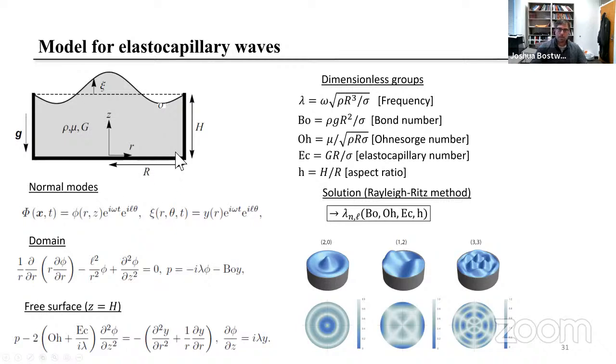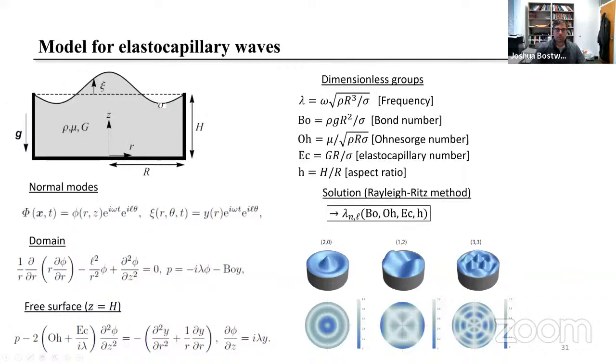We can perform a pretty classical analysis, mapping the problem to the boundary, which gives us a governing equation as shown here on the bottom left. It relates the pressure to the velocity potential and the surface deformation y, through the Ohnesorge number, which defines the viscosity, the elastocapillary number, which defines the elasticity, and lambda, which defines the non-dimensional frequency.